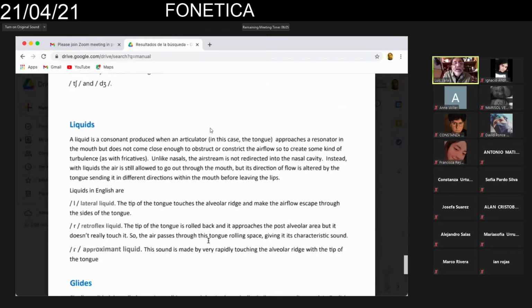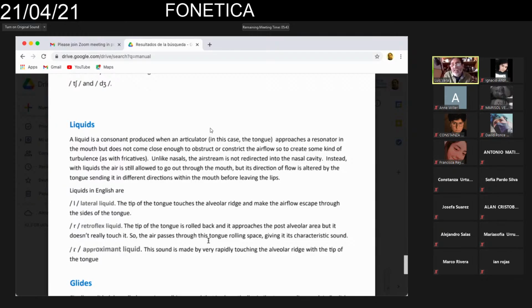Liquids. A liquid is a consonant produced when an articulator, in this case the tongue, approaches a resonator in the mouth but does not come close enough to obstruct or constrict the airflow, so as to create some kind of turbulence, as with fricatives.